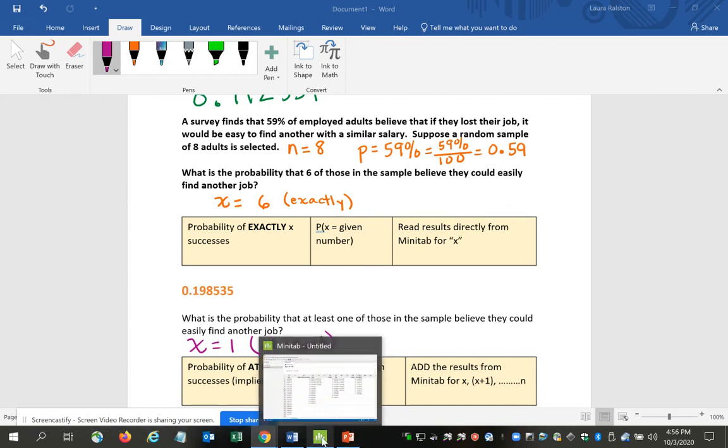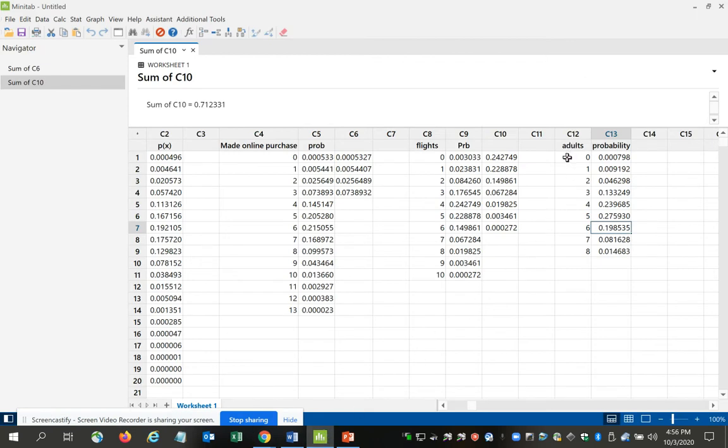Okay, so I'm going out to MINITAB. I've already entered 0 to 8, and I've actually already calculated the probabilities. I don't have to recalculate them, guys. You can if you want to, but you don't need to. So I'm going to copy the values for 1, 2, 3, 4, 5, 6, 7, 8.